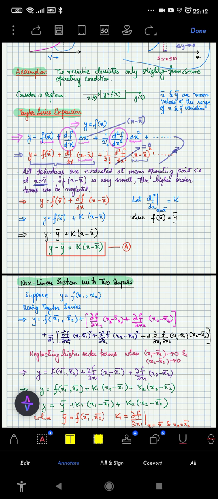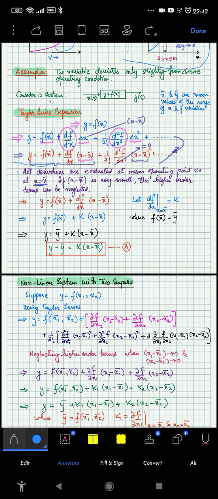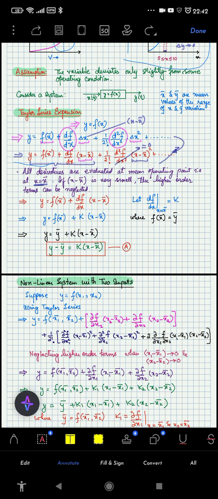As we have learned in mathematics, we discard all the higher order terms. So y is equal to f of x bar plus df dx times x minus x bar, plus the other higher order derivatives.